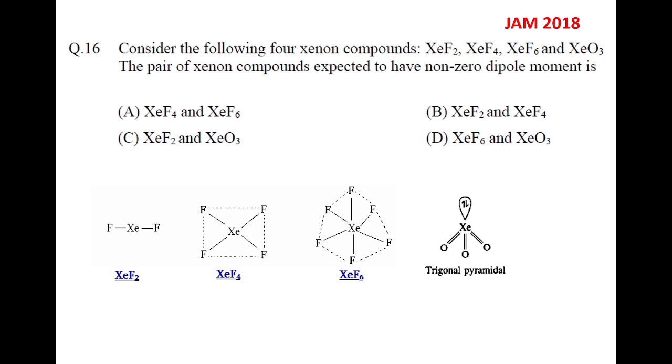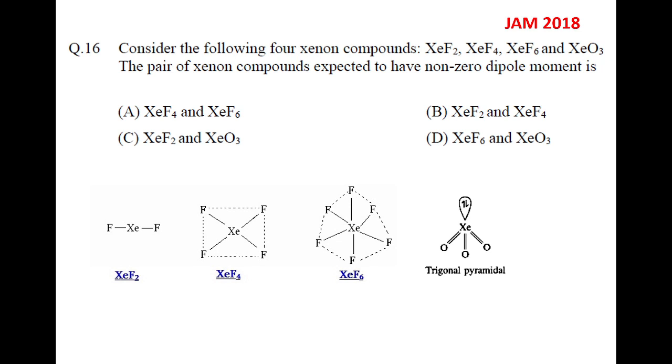pyramidal. In the case of XeF2 and XeF4, fluorine is a highly electronegative atom, so the dipole moments will cancel with each other. But in the case of XeF6 and XeO3, as fluorine and oxygen are more electronegative, the dipole moments will not cancel, and we'll get some resultant dipole moment.